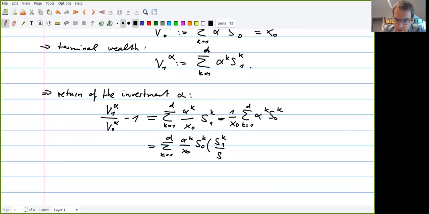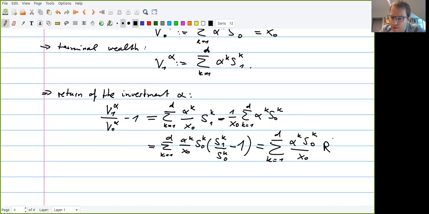Means we have here S k 0, and then we have here minus 1. And why do I like this? Because what is this? This is just the return. So this term here, the bracket, are just the returns of the risky assets. So what do we see here? Alpha k over x0 is just some real number multiplied with the returns.